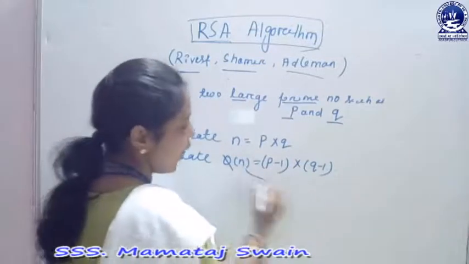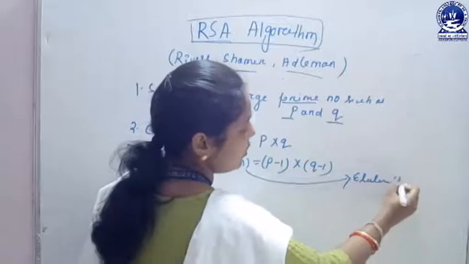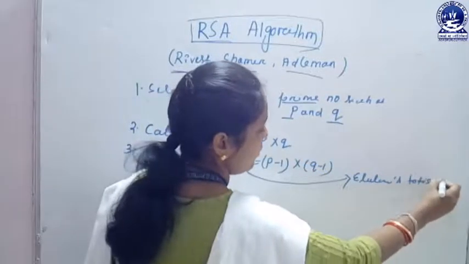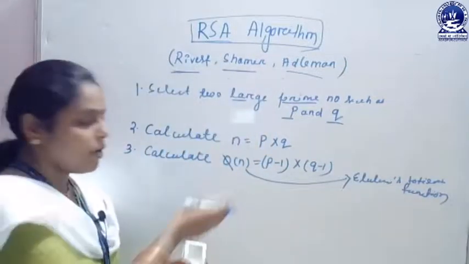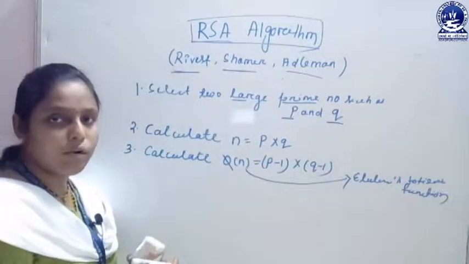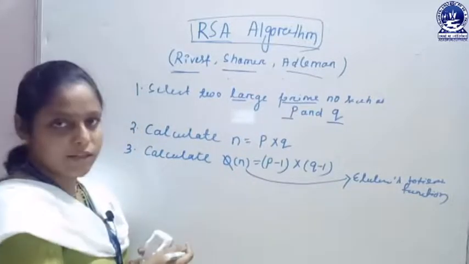Here this phi of n is the Euler's totient function. What is this Euler's totient function and how we calculate this phi of n, I will discuss next.